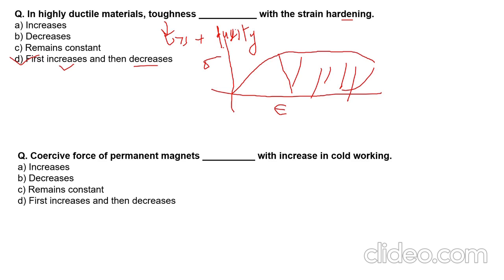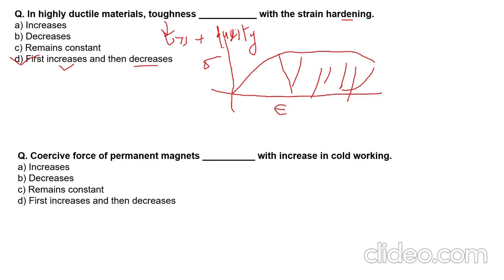But because this is a straightforward, generalized question for a ductile material, you can answer it. For a low carbon or medium carbon steel specifically, you have to see the history of your steel, where it is coming from, what the interstitial impurities are, whether there are any substitutional atoms, and what kind of heat treatment it has undergone. All of these will influence your toughness and all parameters, right?